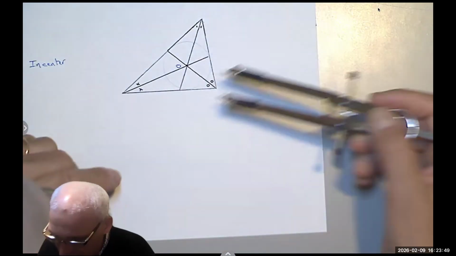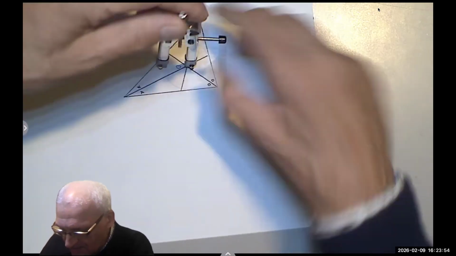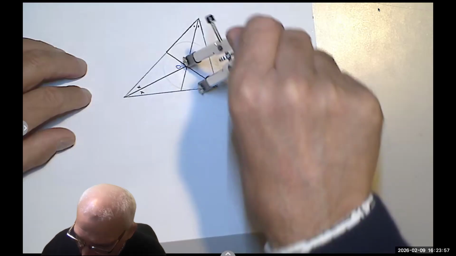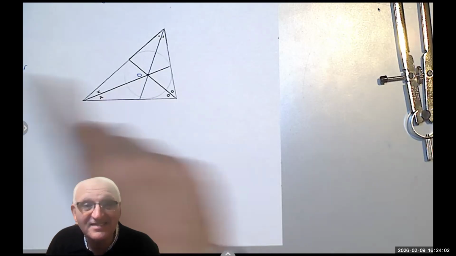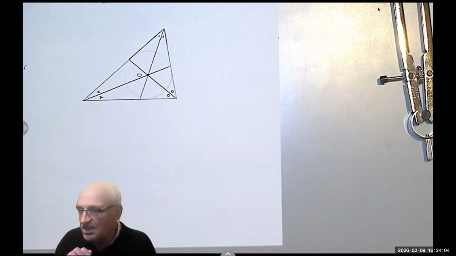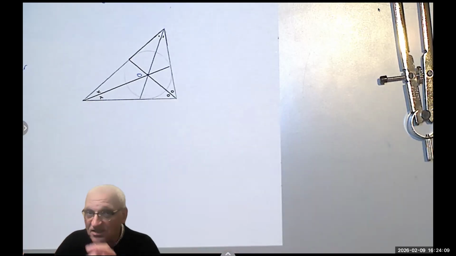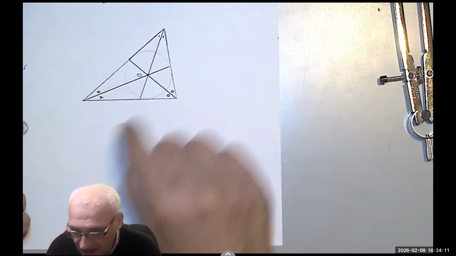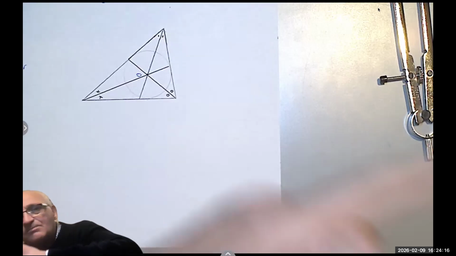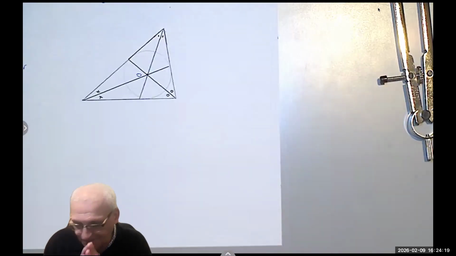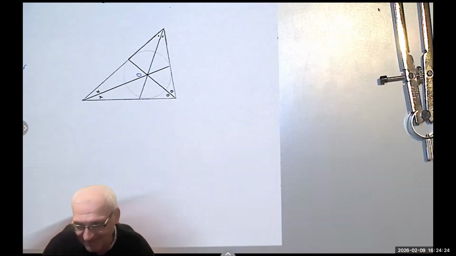So that point is the incenter, meaning the circle touches the triangle from the inside, just touching each side at a single point. It doesn't cross and then come back, just one point. Okay, and that's basically it.